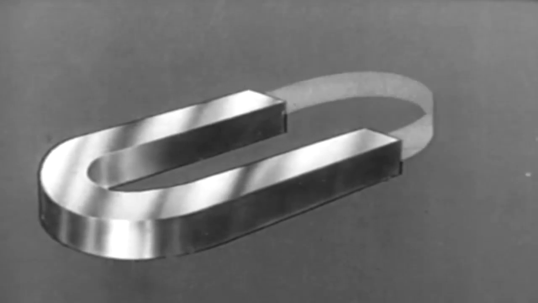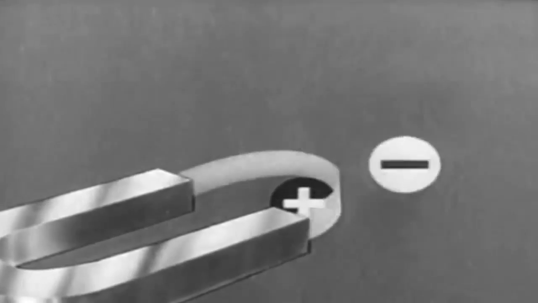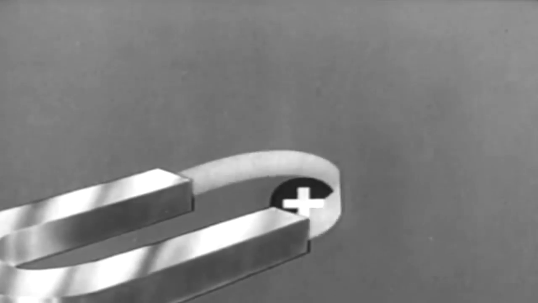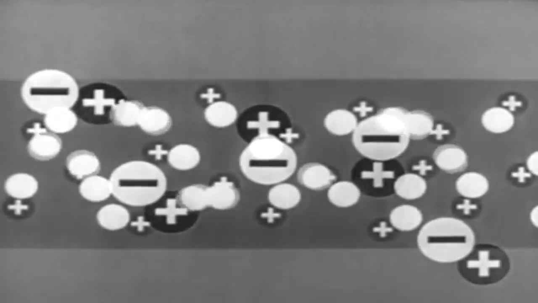For simplicity, let's consider the effect of this magnetic field on a single electrically neutral atom. Now, we move the magnet so that the magnetic field strikes the atom, supplying energy which forces an electron to leave its atom and become a free electron. The result is a sort of electron chain reaction.